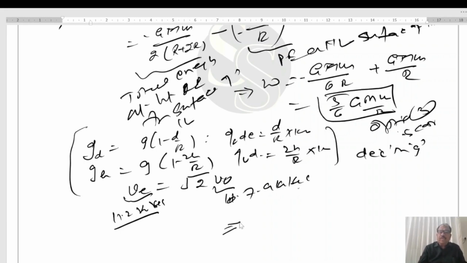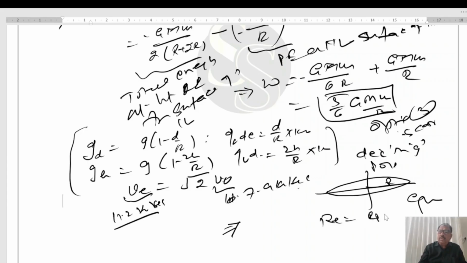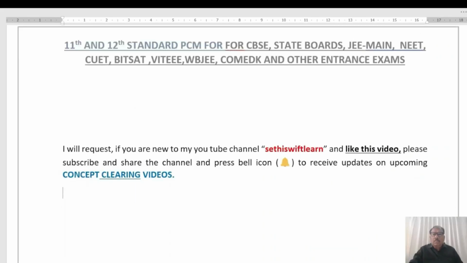Next, this is R equator, this is pole. So R equator equal to R pole plus 21 kilometer. This is the relation. Right? These are the relations.